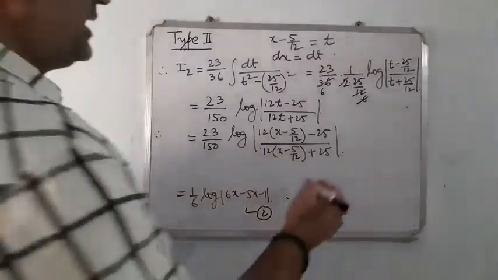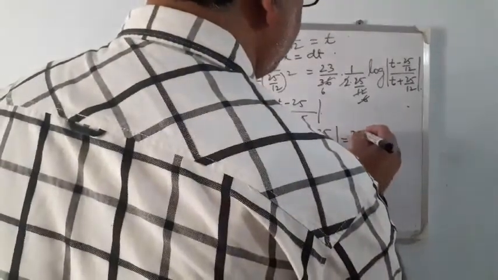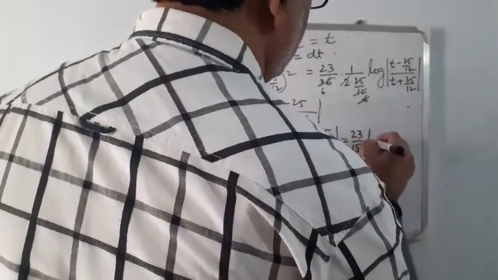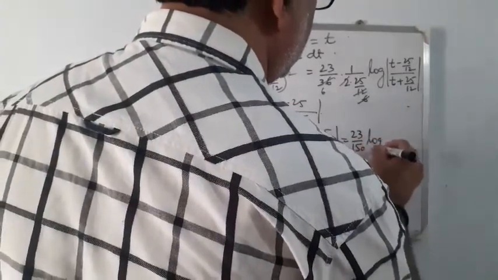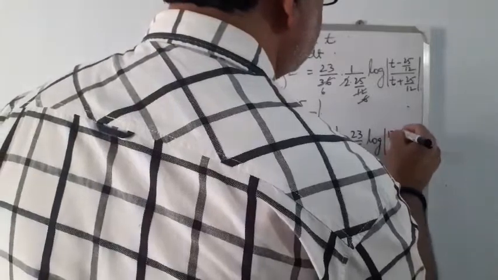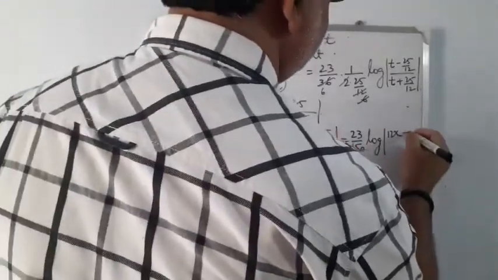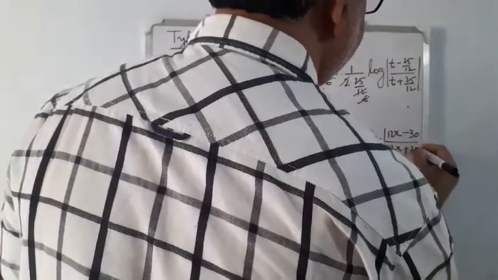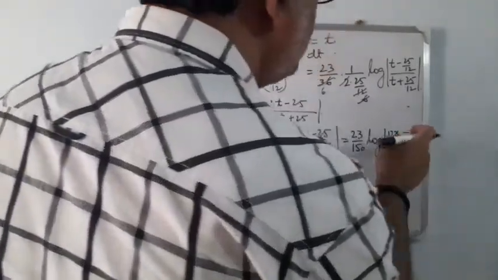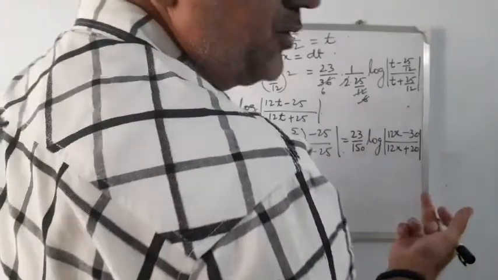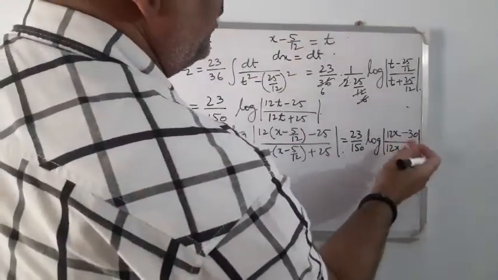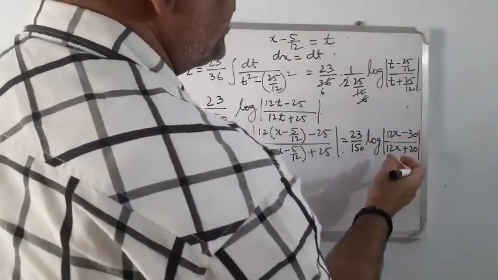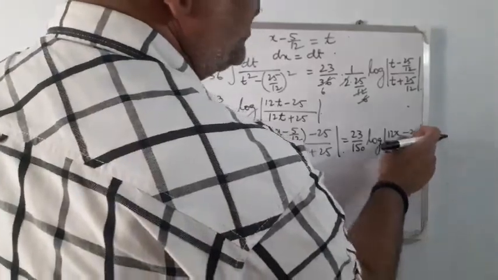So you will get 23 by 150 log mod 12x minus 30 divided by 12x plus 20. Now you can take 2 common and you can cancel out 2. You can take 2 common in numerator as well as in denominator because 4 is not common here.